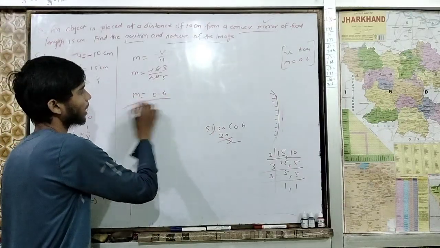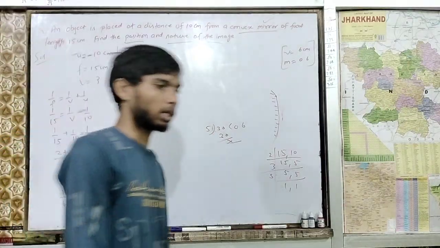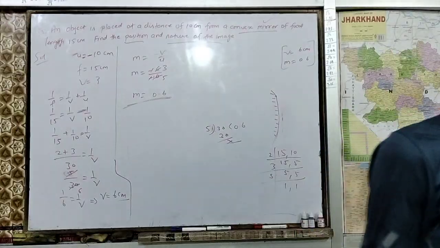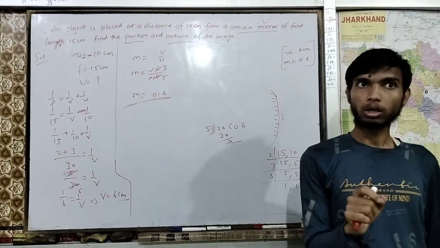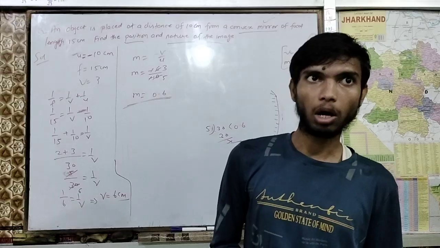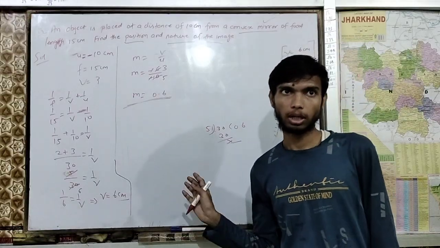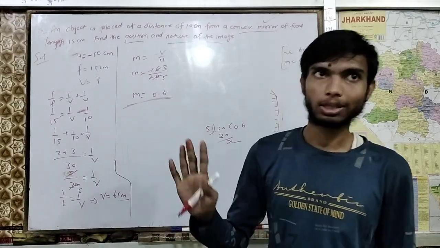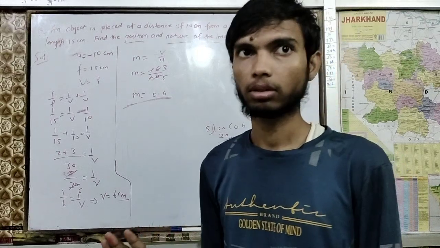What are you understanding by this? M came as 0.6. Tell me, what are you observing? You know that it tells the size of the image.